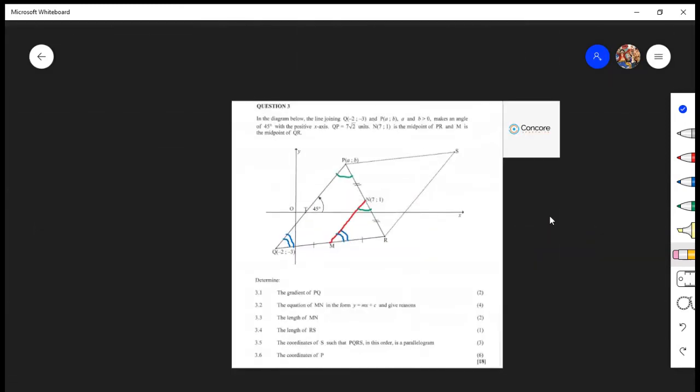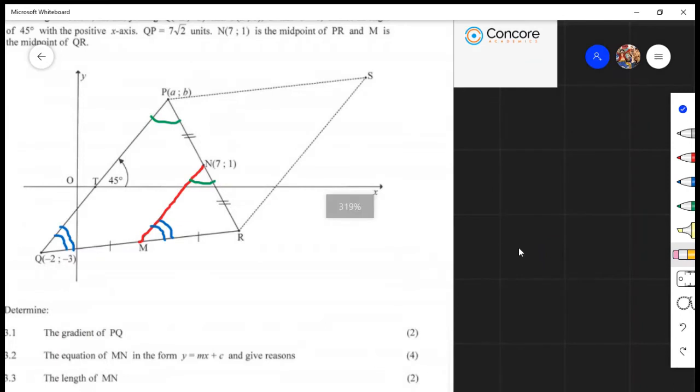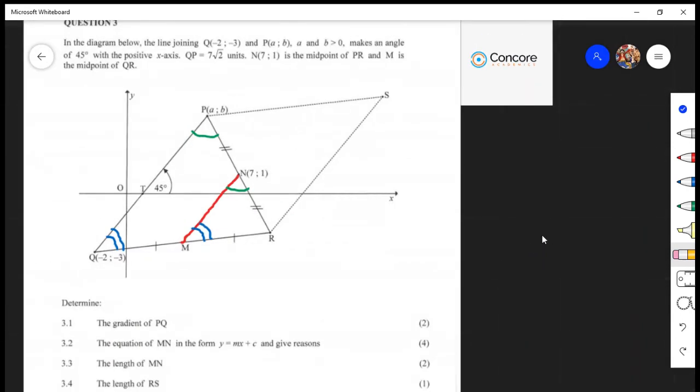Calculate the length of line MN. Sorry, I'm just repositioning this question.